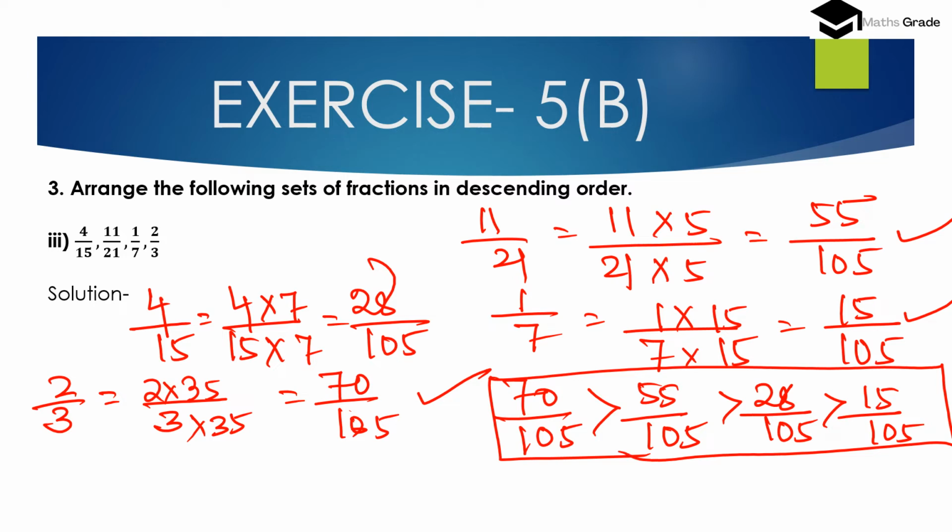Now 70 divided by 105 is the equivalent fraction of 2 divided by 3, and 55 divided by 105 is the equivalent fraction of 11 divided by 21, and 28 divided by 105 is the equivalent fraction of 4 divided by 15, and 15 divided by 105 is the equivalent fraction of 1 divided by 7.